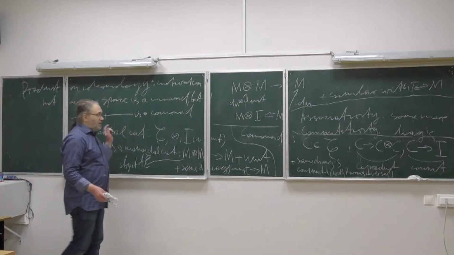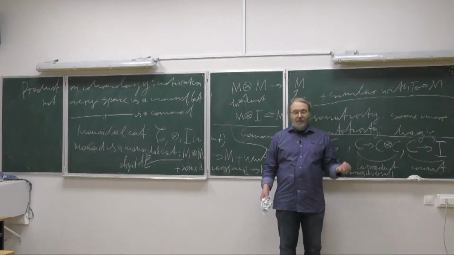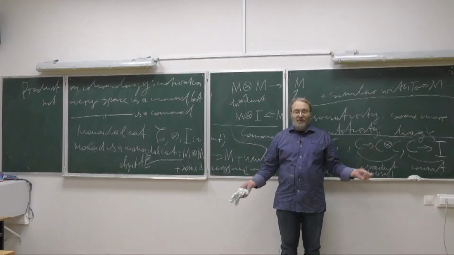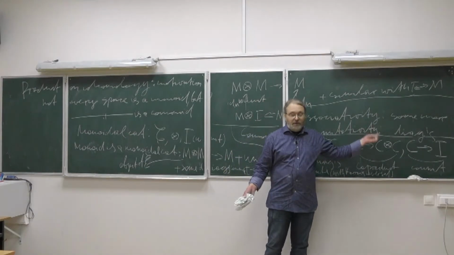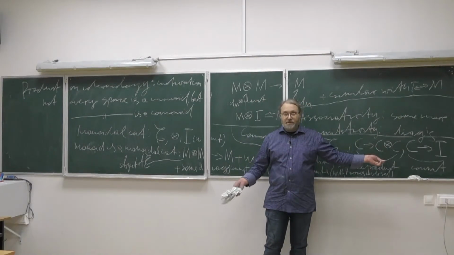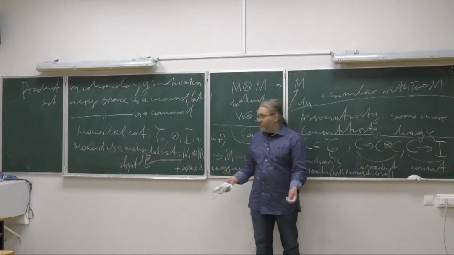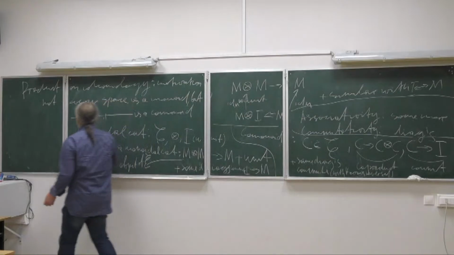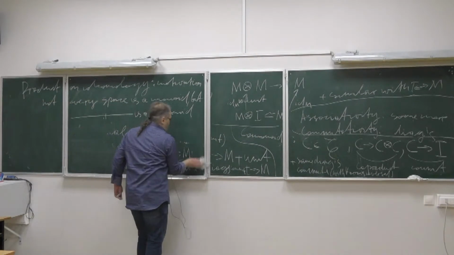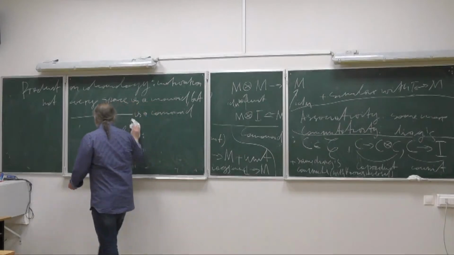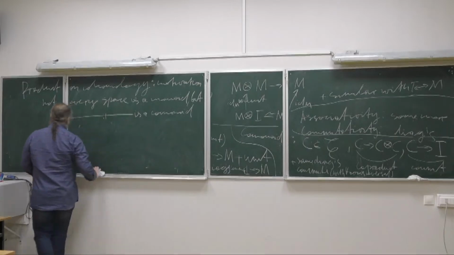Okay, now why do we need this? You probably have guessed already. I want to make an arbitrary topological space, not necessarily a Lie group, into a co-monoid. Well, what do I do? I have the standard monoidal structure on topological spaces.